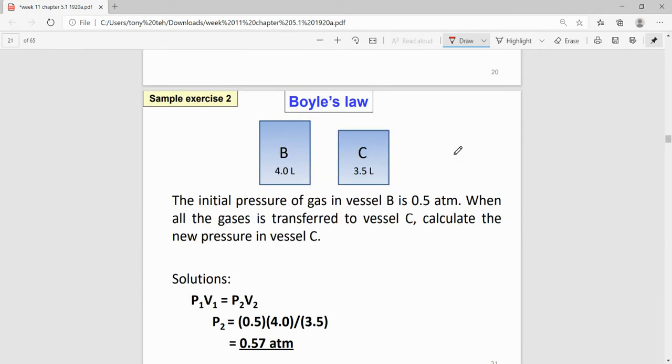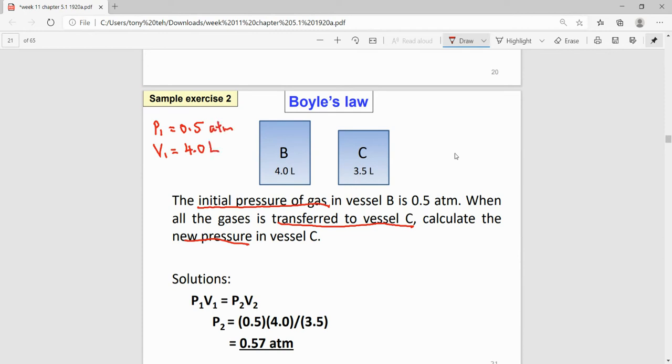First of all, let's look at the question. The initial pressure of the gas is given, and after that, all the gas is transferred to vessel C. Calculate the new pressure. We can see that the initial pressure is 0.5, and the initial volume is 4.0.